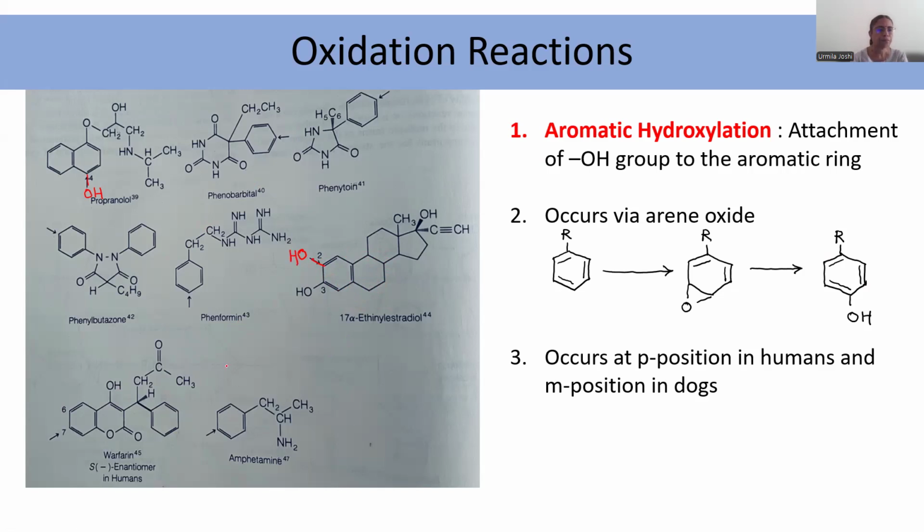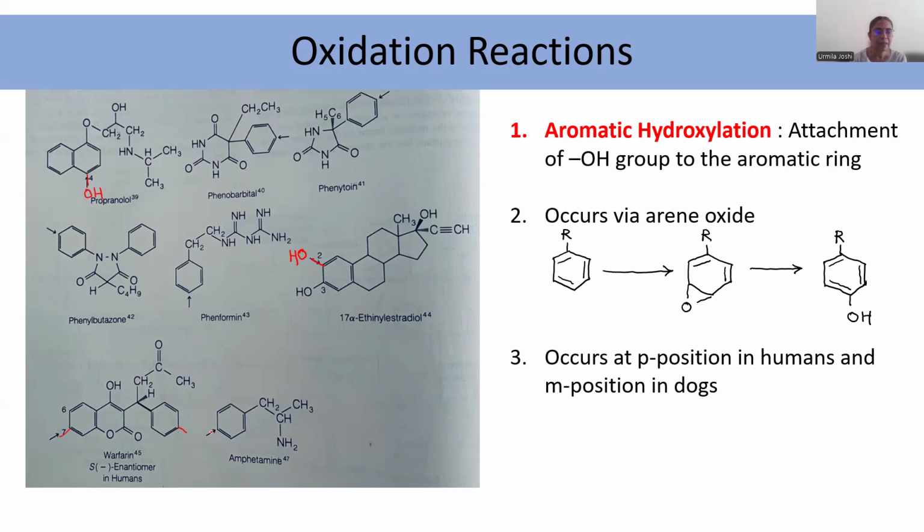In case of warfarin also, the substitution of hydroxy can occur over here, or it even occurs over here because this is a substituent. Same is the case with amphetamine.